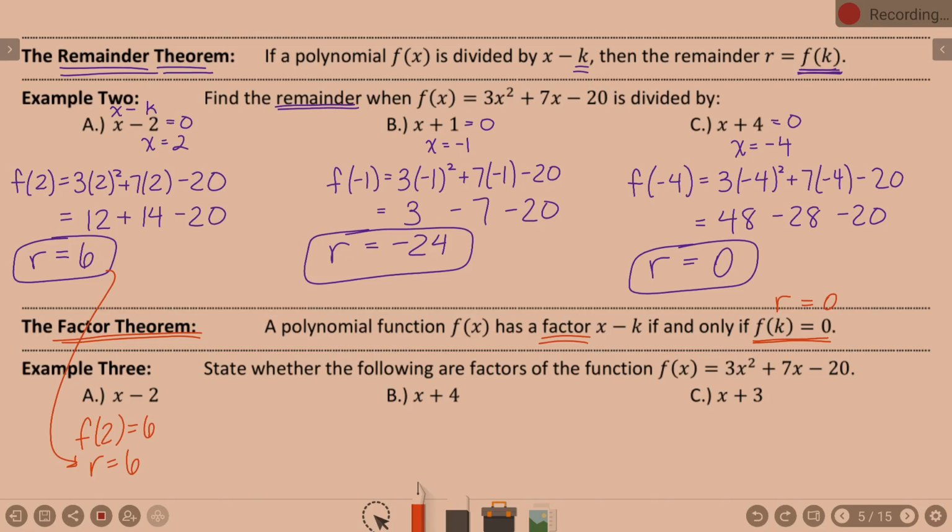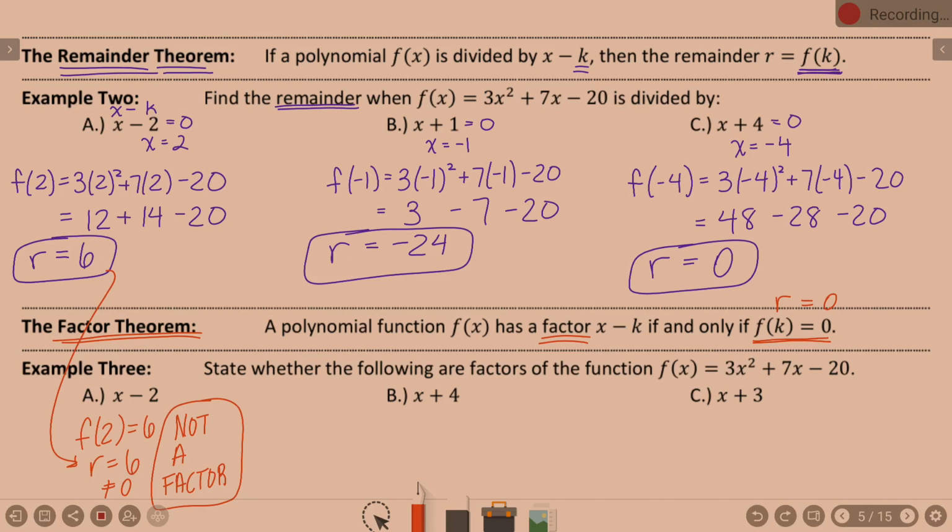It's the same problem from above. And so 6 does not equal 0, so this one is not a factor. Boom. Yeah, we've done this one too. Are you guys good?